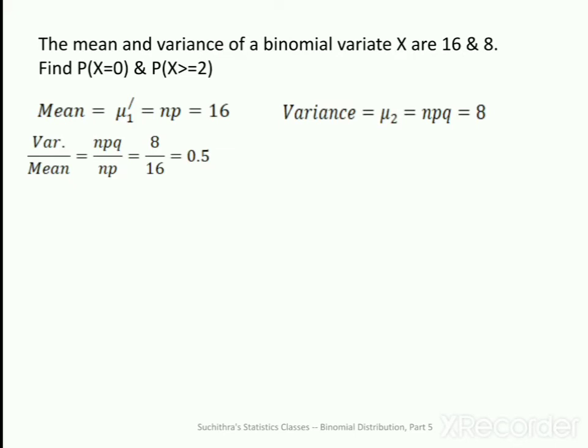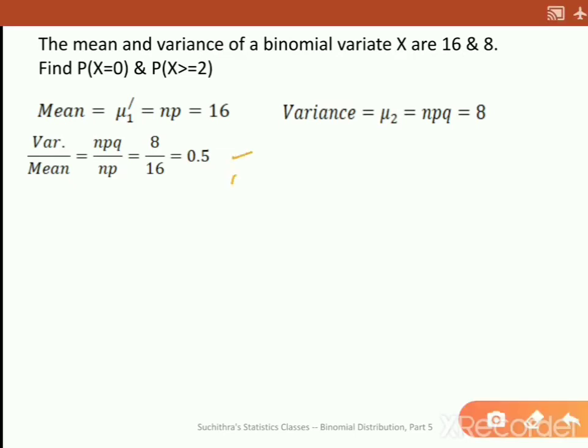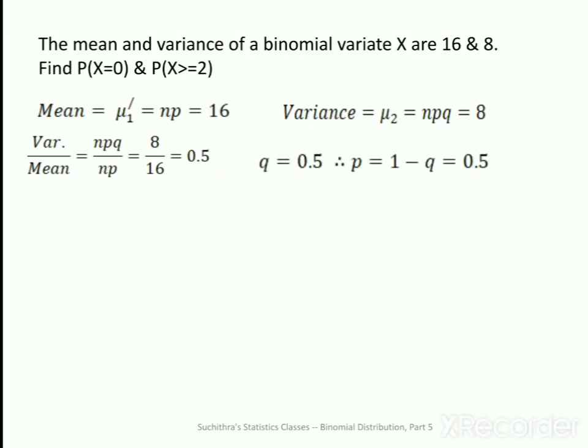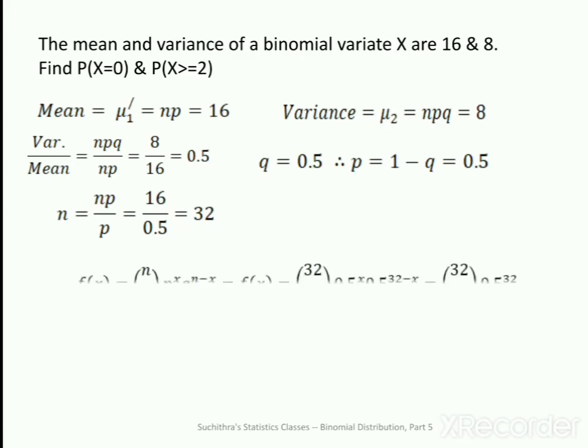Therefore, variance by mean is equal to 0.5, which is equal to q. Therefore, q equal to 0.5, p equal to 1 minus q, that is again 0.5. n is equal to np by p, that is equal to 32.